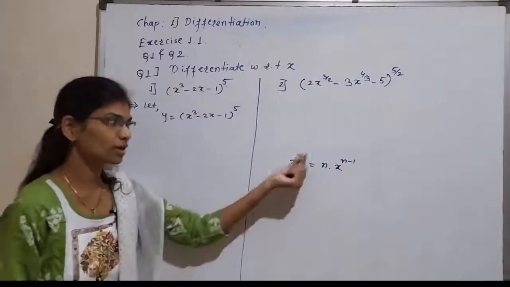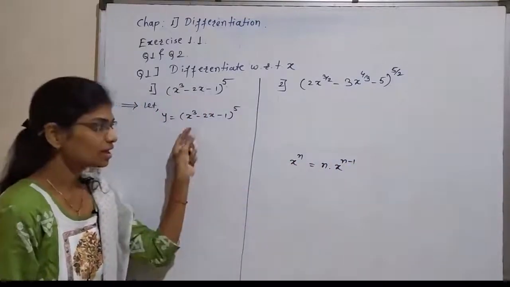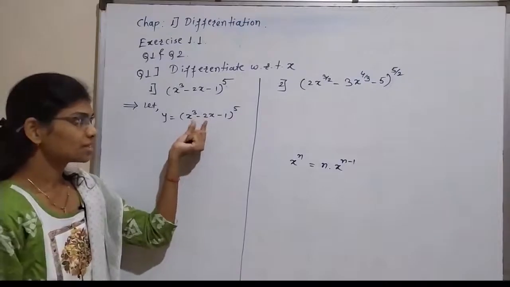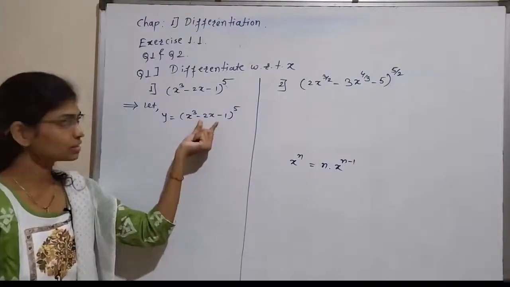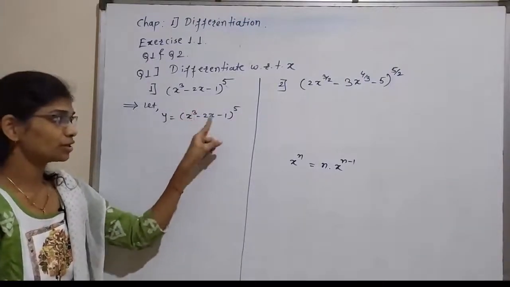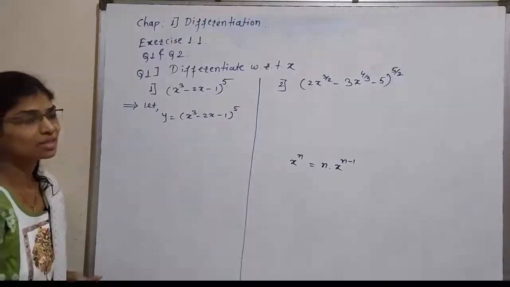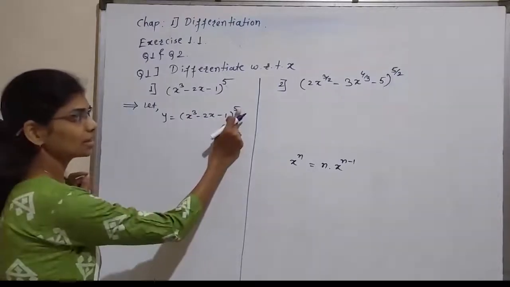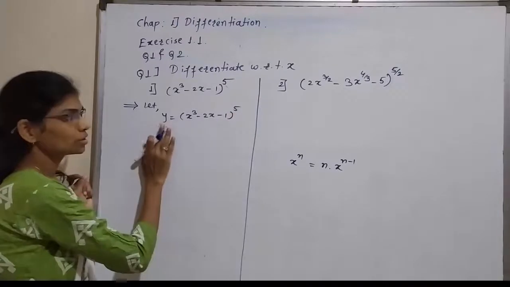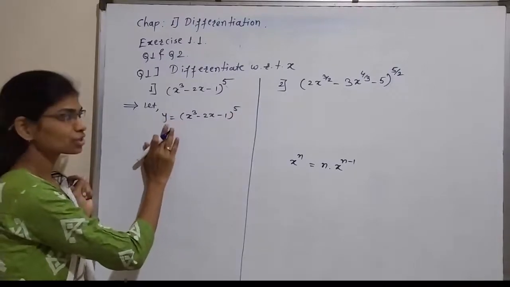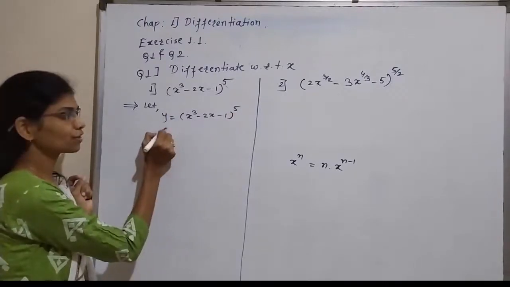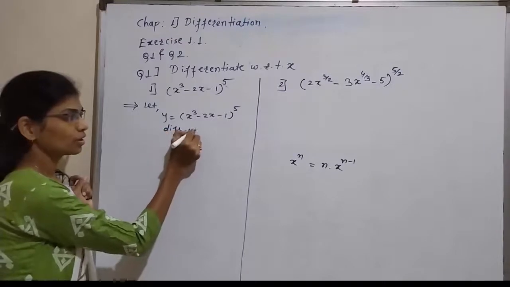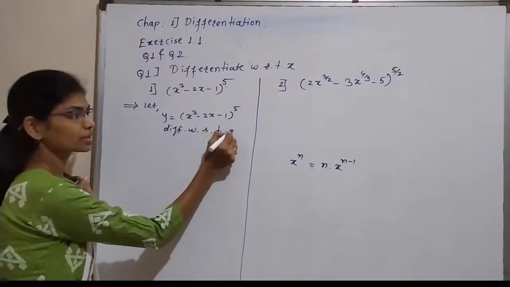Here we can consider that whole function x cube minus 2x minus 1 as x, and n is equal to 5. So the function is in variable x, so differentiate it with respect to x.